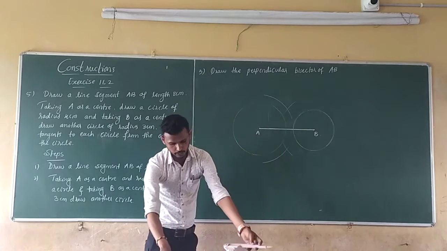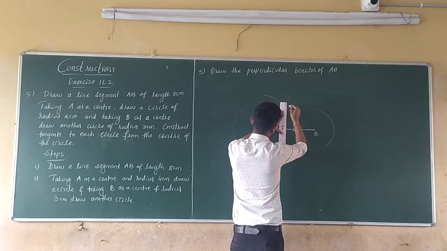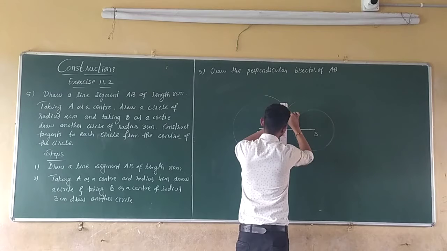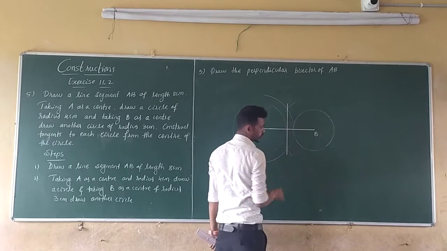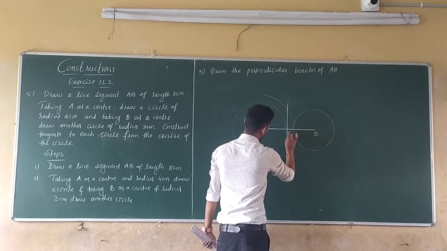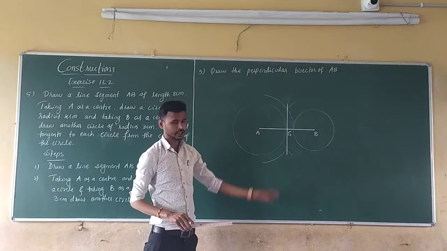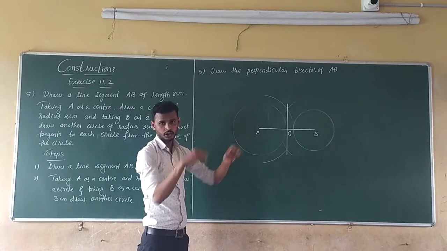Where those two will intersect, through those intersections draw the line. And take this point of intersection as point C, because A and B are already there. So take any other point C. So next, what we need to do?